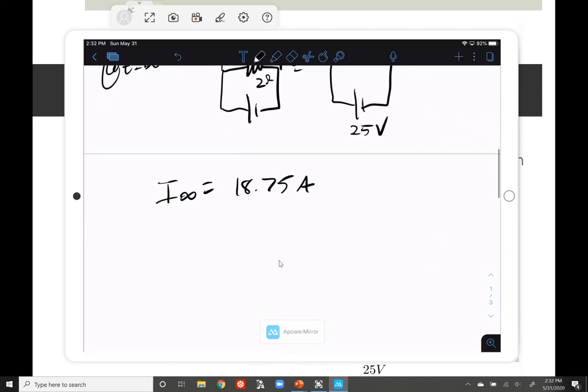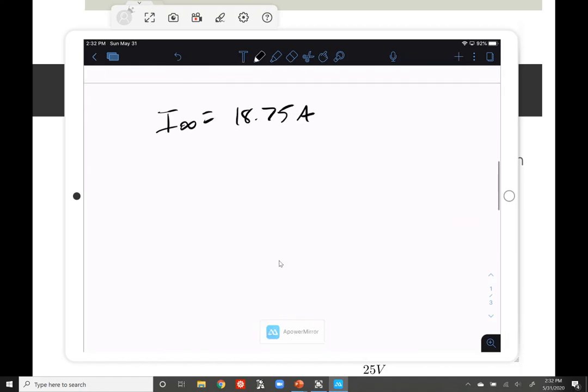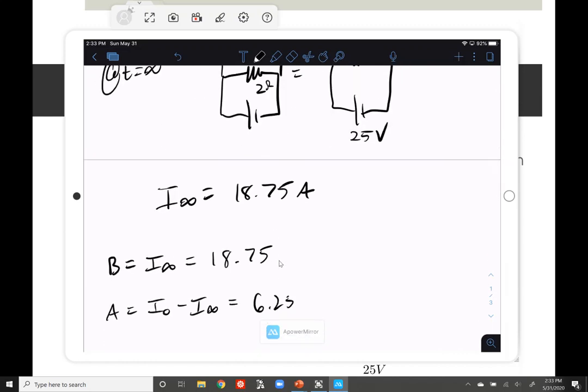Okay, now returning to our analysis of trying to fill in our A, B, and tau, we know that B is equal to I infinity, which is 18.75, and A is equal to I0 minus I infinity, which is 6.25 minus 18.75, which, throwing that into my calculator, is minus 12.5.